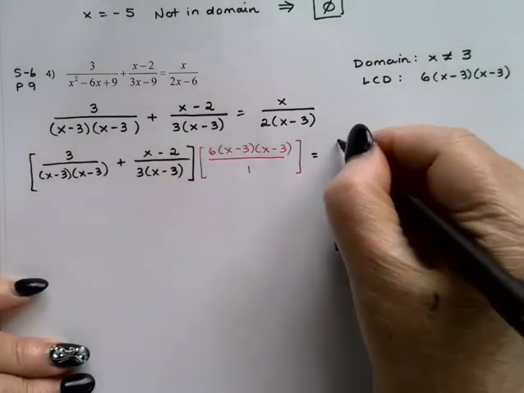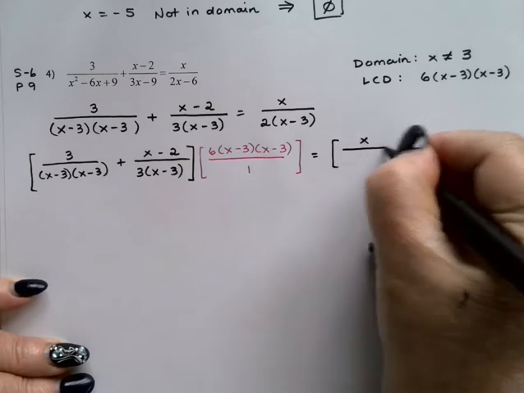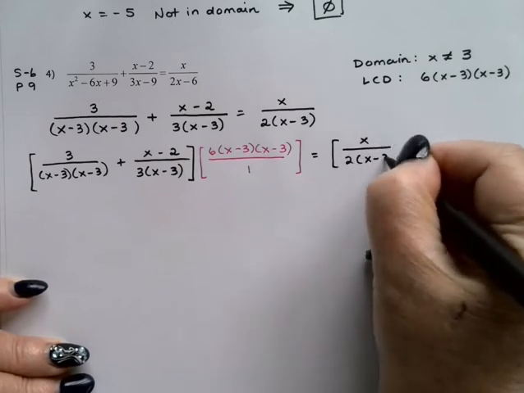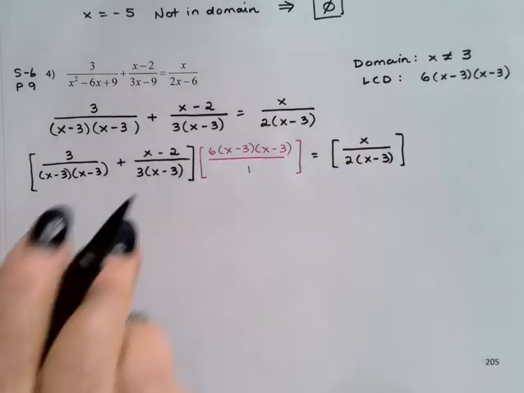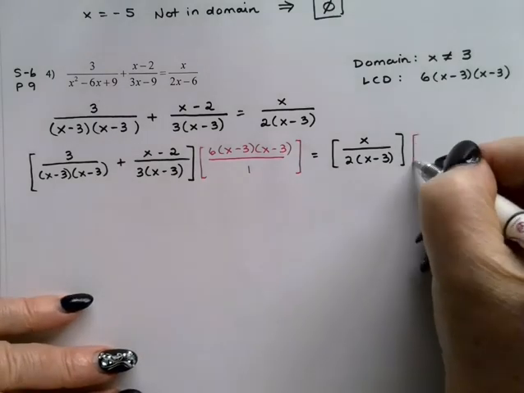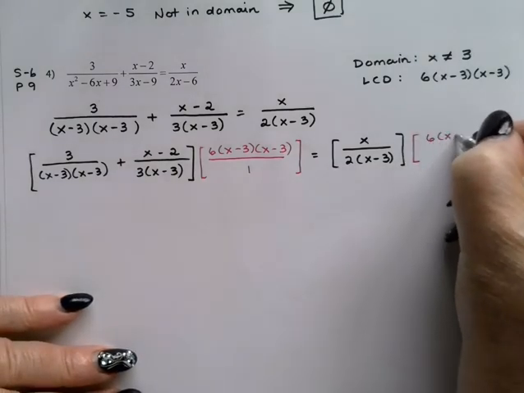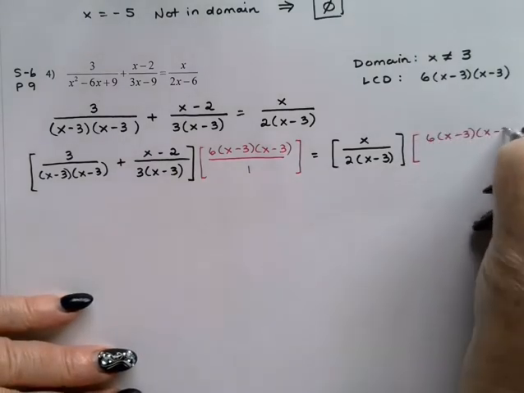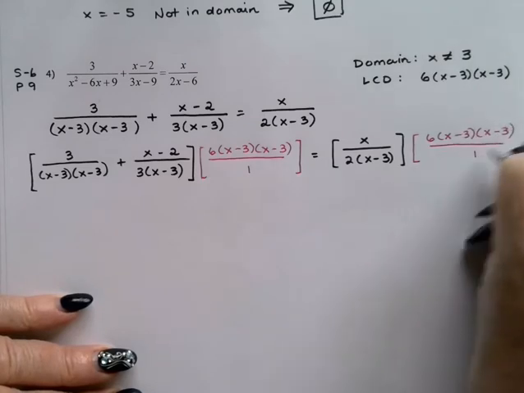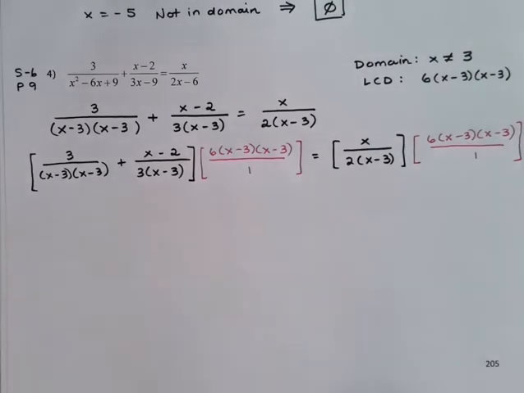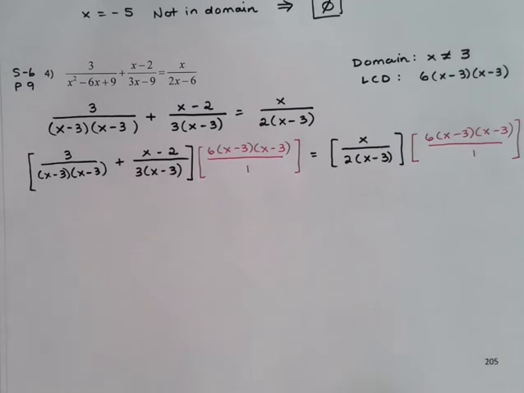And then similarly, I'll take the whole right-hand side, which is not nearly as much, and I'll multiply it by that LCD. All right, this is the step that looks messy, but it's the one that gets rid of all the fractions for us, so it's worth it, right?